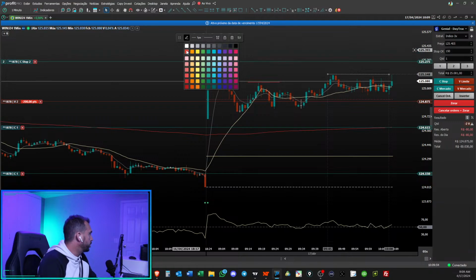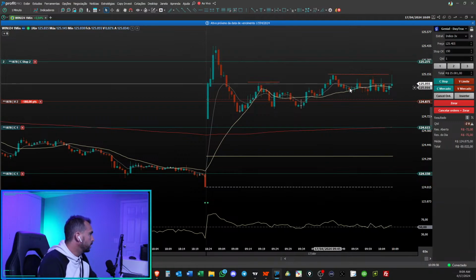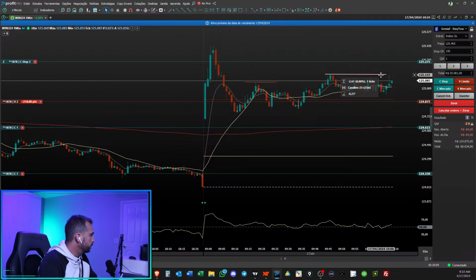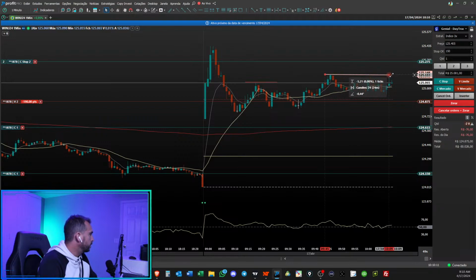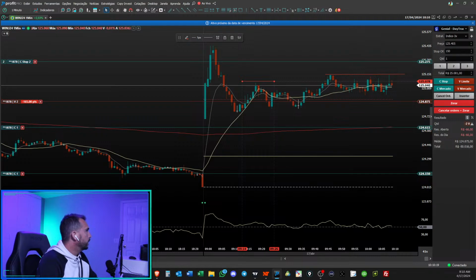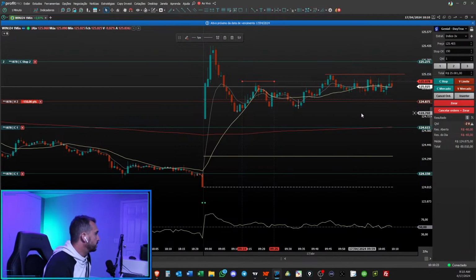We already reached that. I don't wanna be passing this point for sure. So now that it already touched it, I'm probably gonna move my stop to here in a little bit, because this is my max risk on that. That's the mini index.